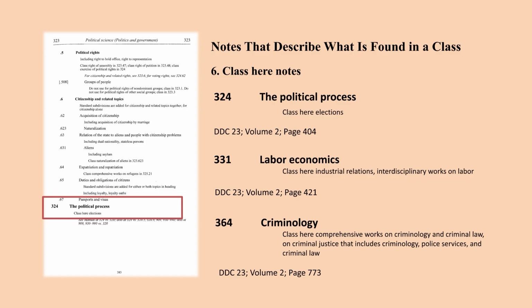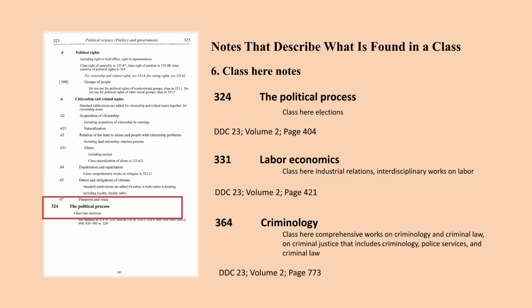The same example you will get in 331 labor economics, where it is recorded class A industrial relations, interdisciplinary works on labor. The labor economics is recorded in page number 421 of volume 2.